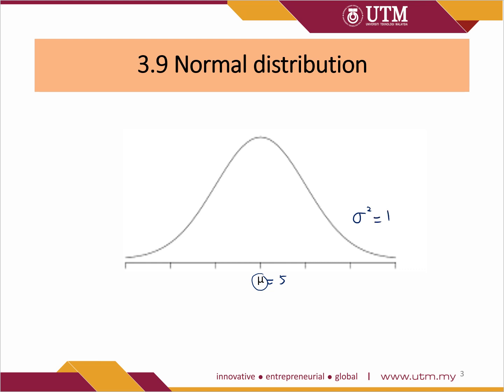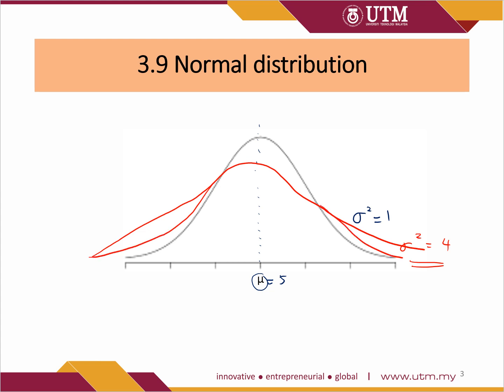At the same time we have a normal distribution where the mean is equal to 5, but the variance is equal to 4. So the shape will be different. Since the variance is greater than 1, the curve is more dispersed compared to sigma square equals to 1, but it is still a bell shape.